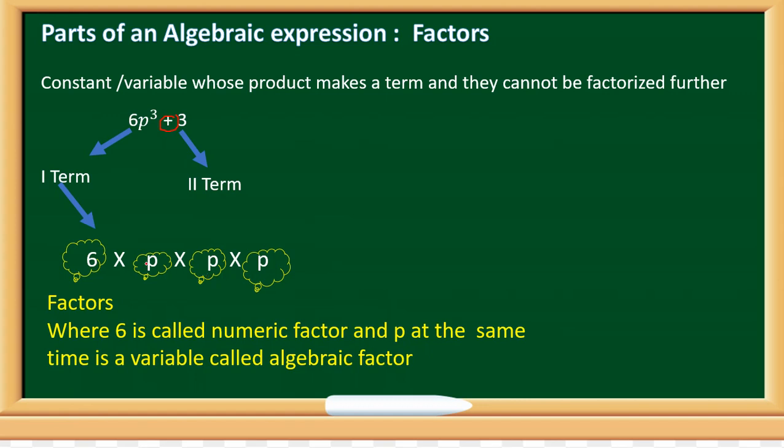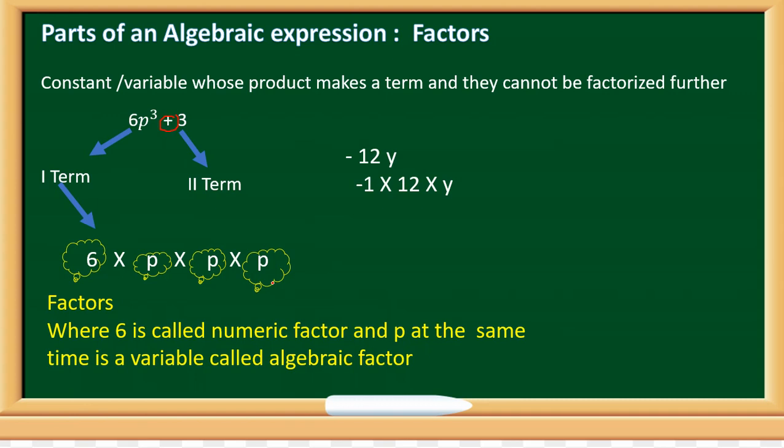Here the important thing is this 6 is the numeric factor, whereas these p, p and p, 3 times, are called the algebraic factors. That means when we write the factors, the numbers in the factors are known as numeric factors and the variables in the factors are called algebraic factors.